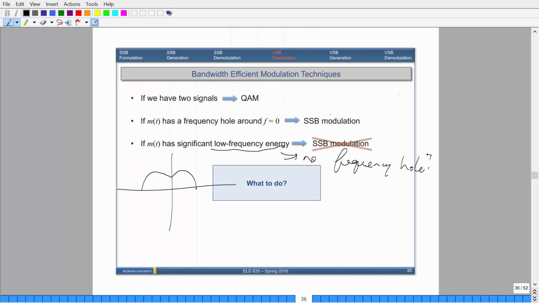You can use the phase shifter if you want, but that's not practical. The phase shifter is unrealistic.